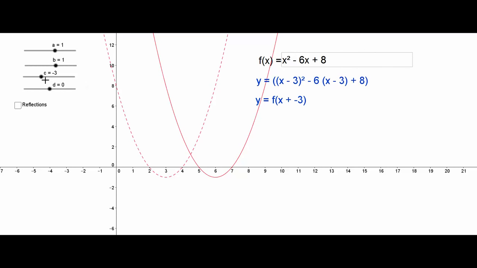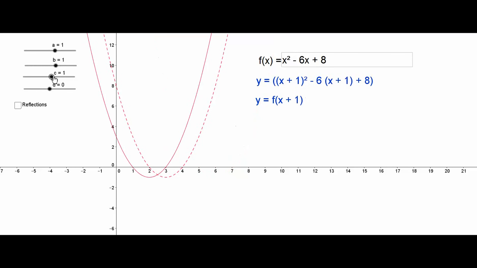To translate in the other direction, the negative direction, over here, this is a translation of factor -7, and that is achieved by adding 7 to the value of x. We can see that 2 has moved to -5 in the negative x direction, so a translation of factor -7.